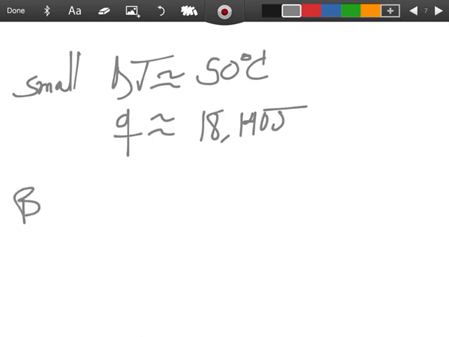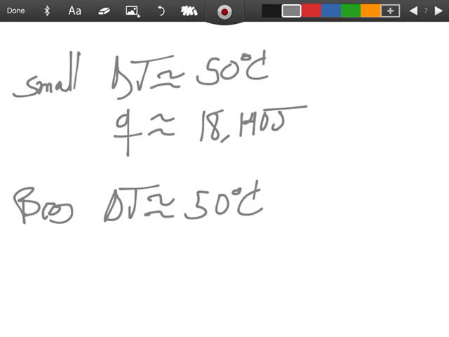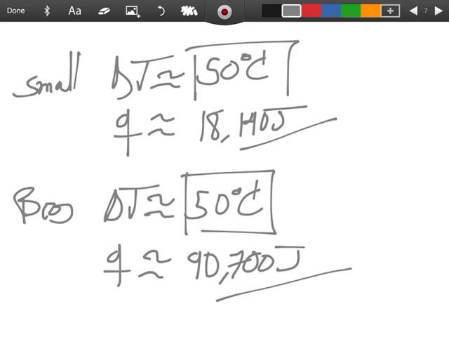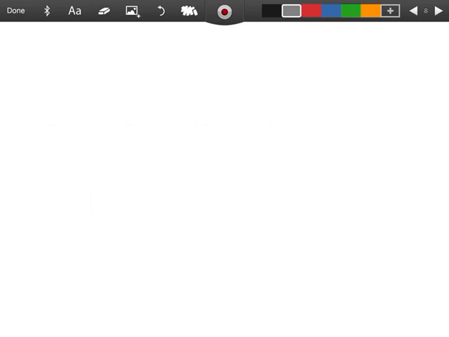And let's say for the big one, I applied exactly the same change of temperature, 50 Celsius, but of course, since it's larger, I'm going to require more energy. In this case, I required 90,700 joules. Very well. So you can see that it's making sense. The small needs less energy. The big one needs more energy to perform exactly the same amount in the change of temperature.